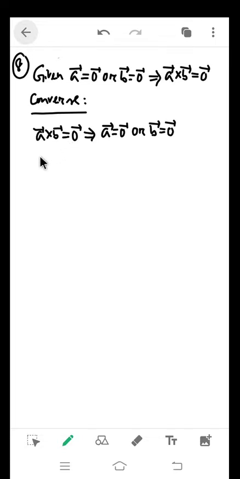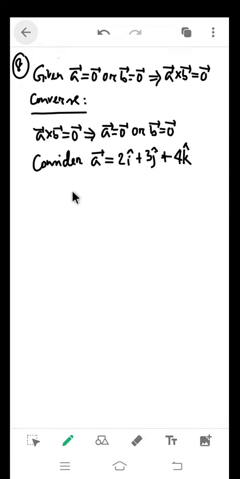So for that, what do we have to do? You take two vectors so that they are parallel. Because for parallel vectors, if you take their cross product, it will be 0. So the first vector, you can take any vector: 2i plus 3j plus 4k. Sorry, 4k, it is not clear.